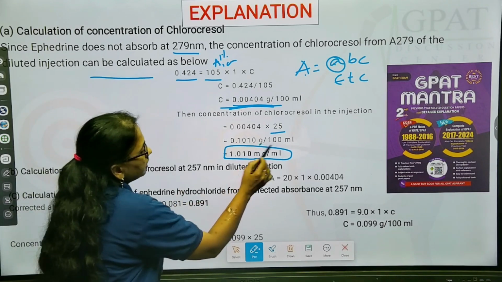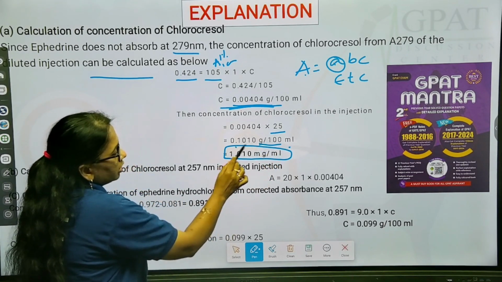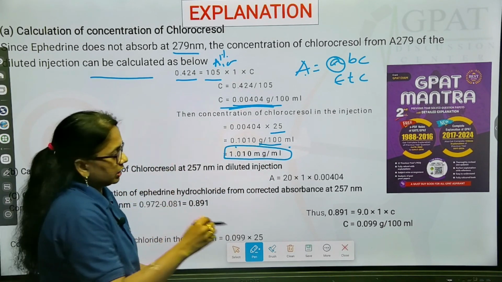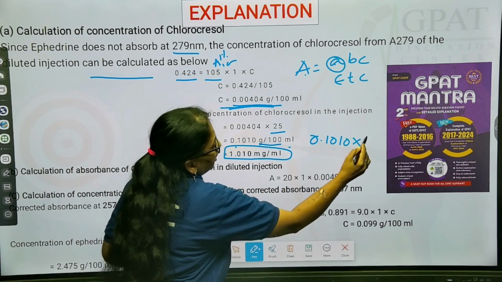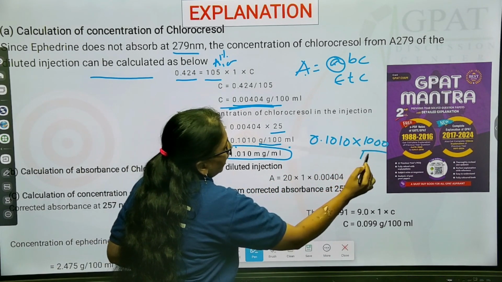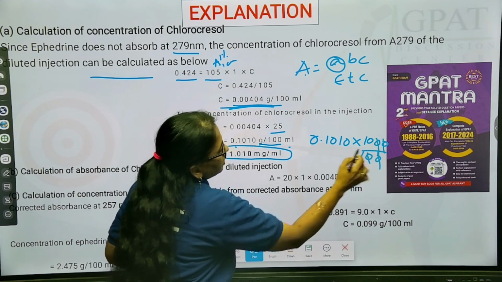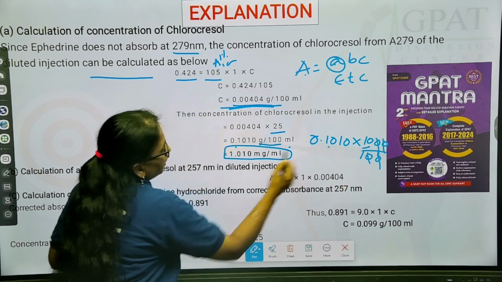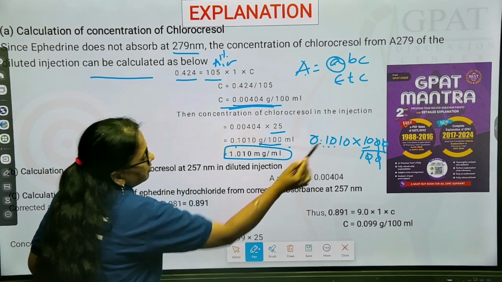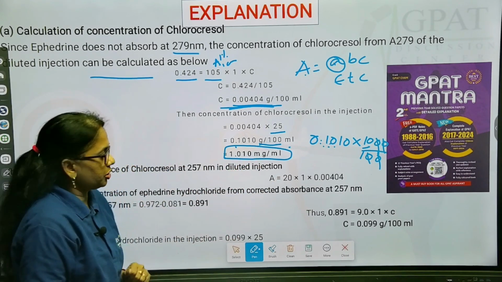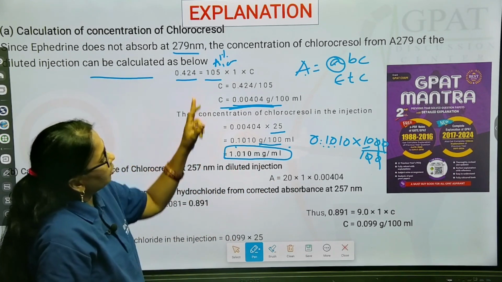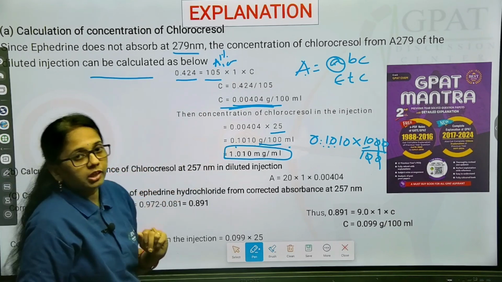Not grams per 100 ml, we got this value, but we need to convert. So 0.1010 gram per 100 ml, that is 1000 by 100, so into 10, the decimal shifts to the right, and finally it comes as 1.010 mg per ml solution. That is for the chlorocresol at 279 nanometers.